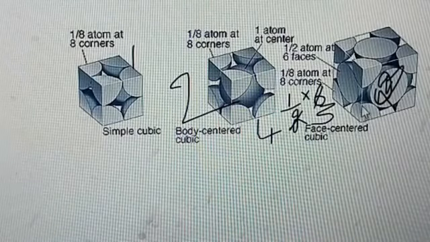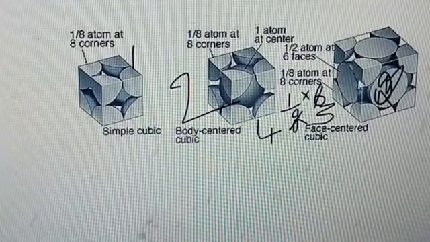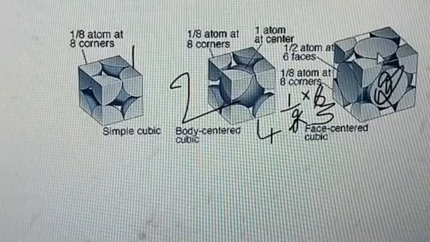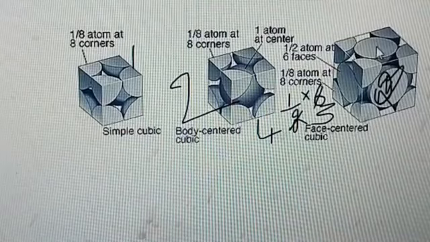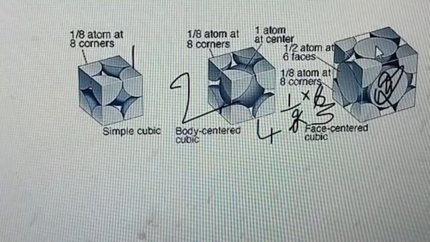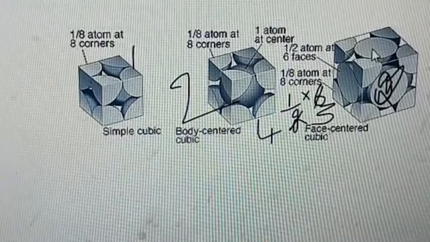Now if we come to face-centered cubic cell, along with the corners, the constituent particles are present at the 6 faces also. The constituent particle present at the center of each face is shared by 2 adjacent unit cells. As it is shared by 2 adjacent unit cells, only half atom belongs to one unit cell.